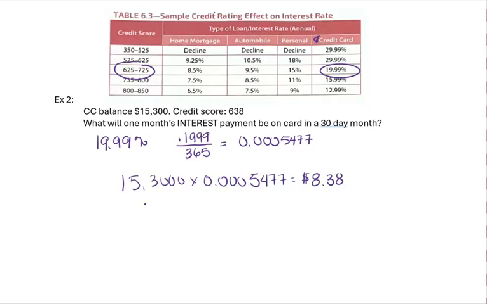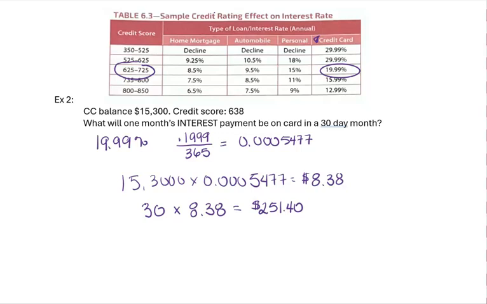So as the month goes along, he's paying $8.38 a day, and he does that in a month that has 30 days, for 30 days. So we have to figure out how much interest he's going to pay that month. So we take $8.38 and we multiply it by 30, and we get $251.40. Now that's how much he owes each month he doesn't pay his balance on the $15,300, or he doesn't make the minimum payment.